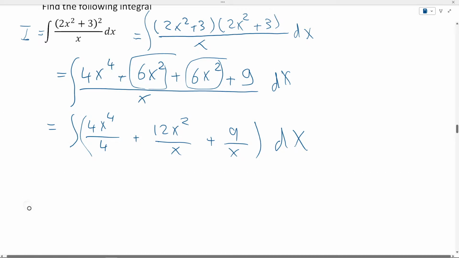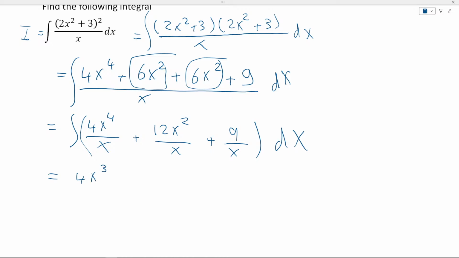Sorry, I have a typo here, it's x. So what do I have here? I have 4x to the power 3 plus 12x plus 9 over x dx. Yeah, that's equal to what?